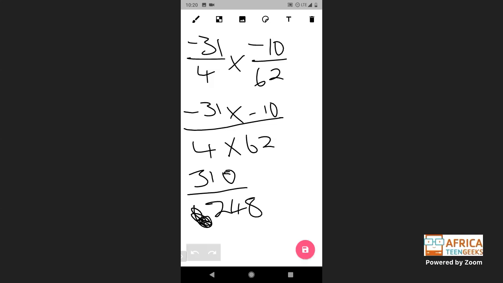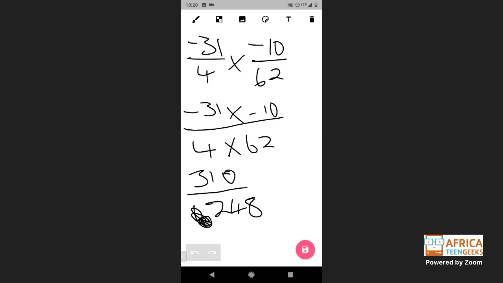So now, guys, before we can simplify it, we must find out first if there is a highest common factor for both these numbers. You remember on our last question, I think it was number 3, we didn't have a highest common factor. Those two numbers didn't have a highest common factor. So we just simplified it and made it a mixed fraction, remember.